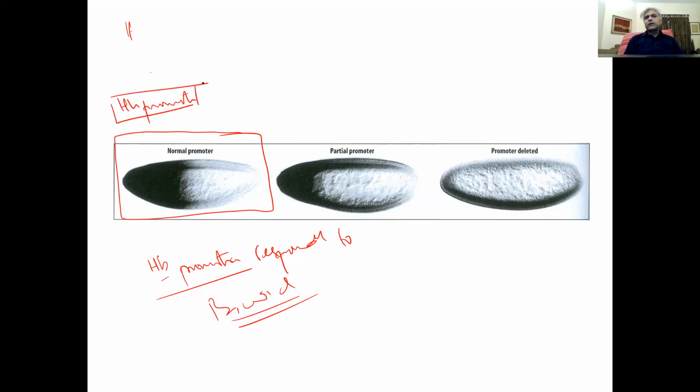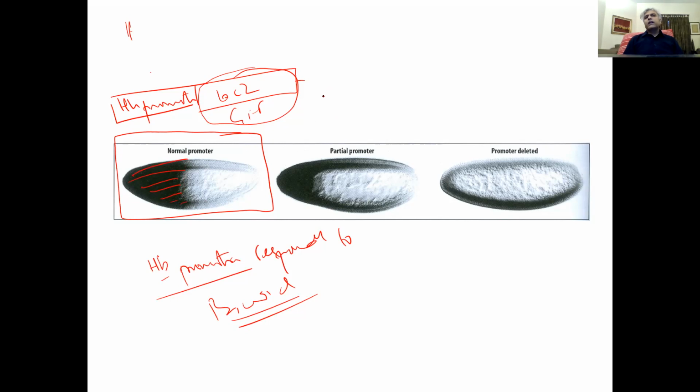You fuse it with the bacterial lacZ gene, or you can think of GFP, okay? And you make transgenic embryos. And the staining for lacZ gives you the normal expression pattern of hunchback.